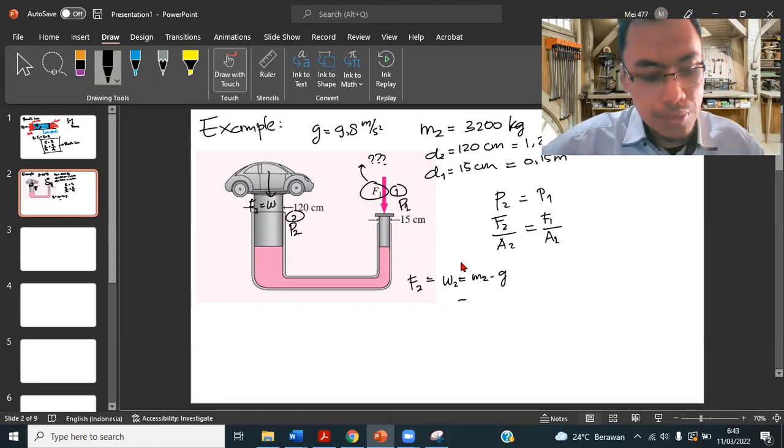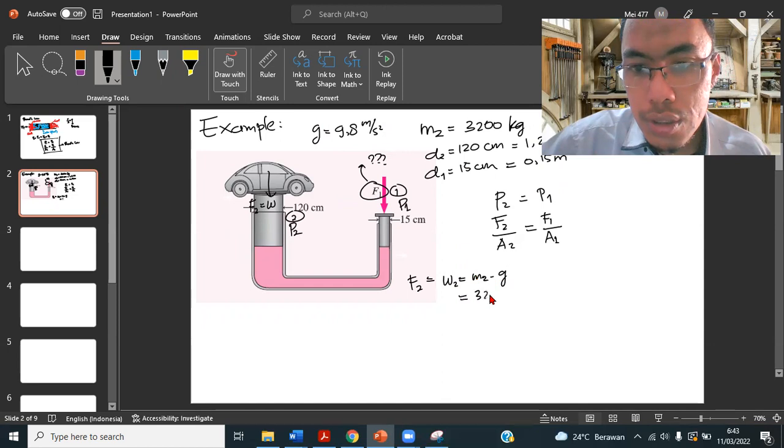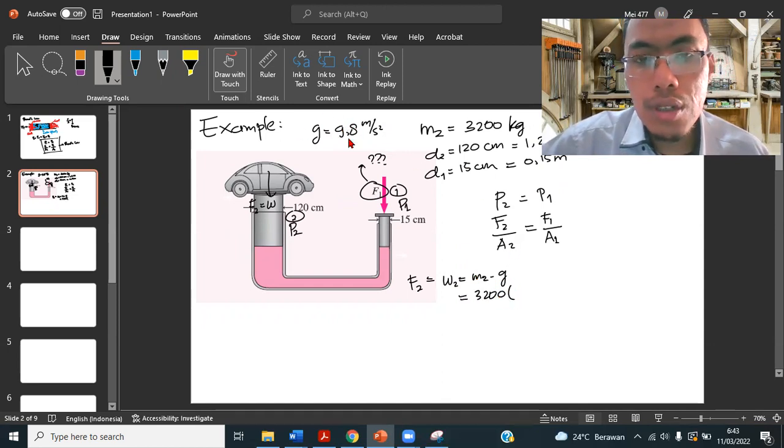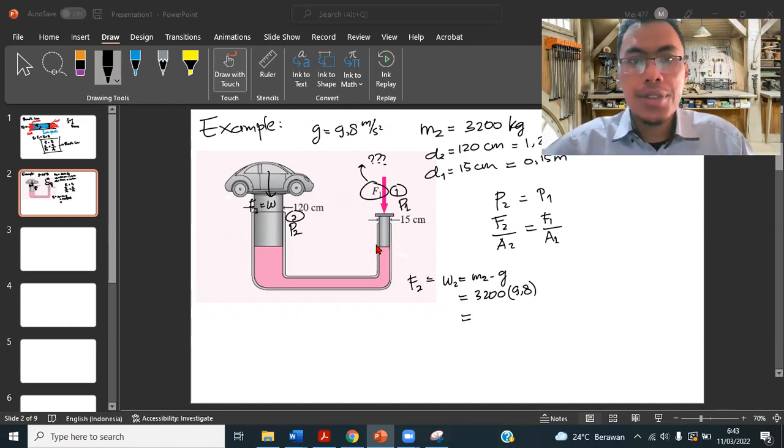So M2 is 3,200 times G, the gravitational acceleration, 9.8. Let's find the value.